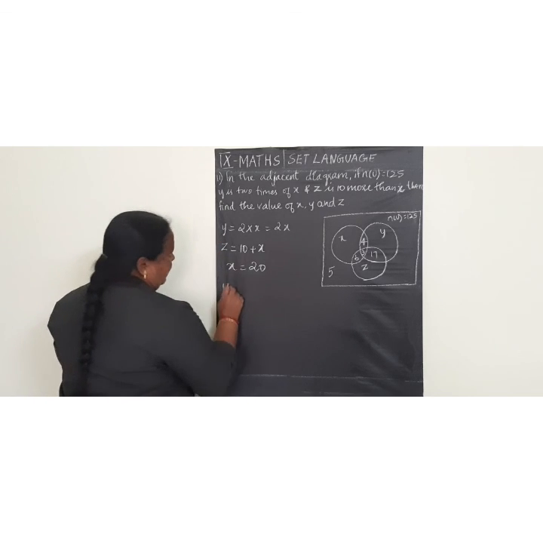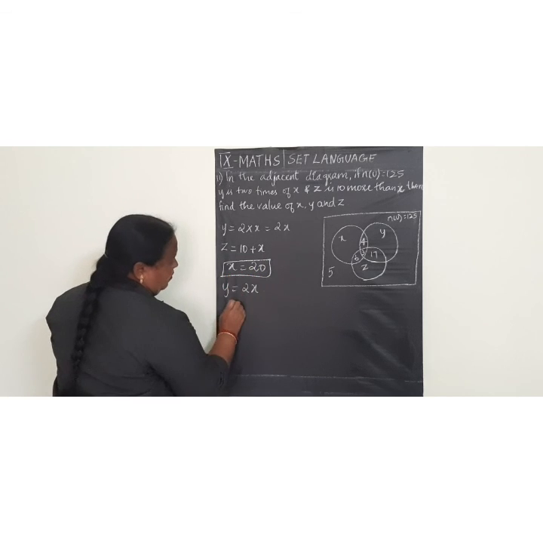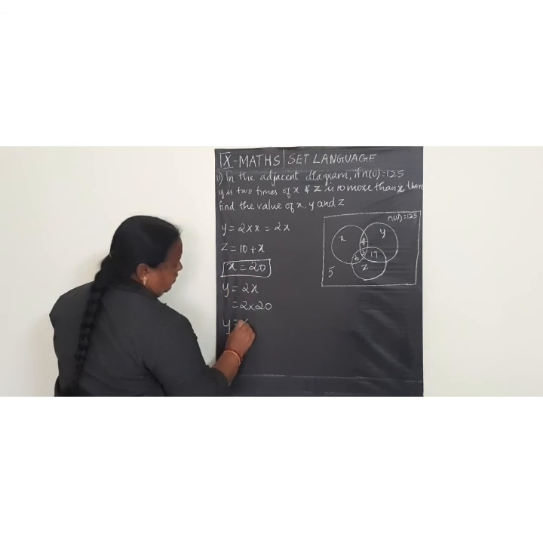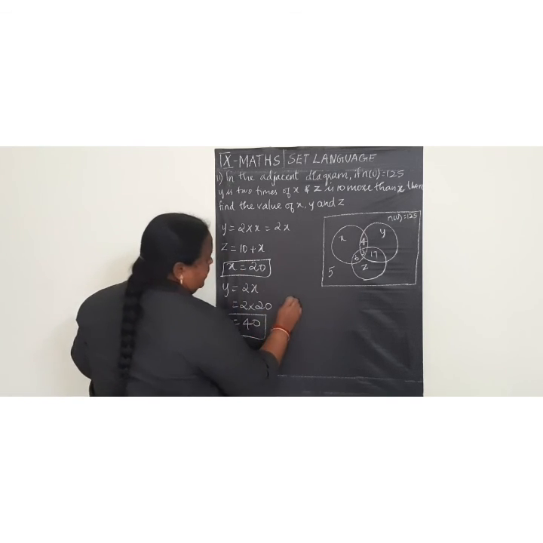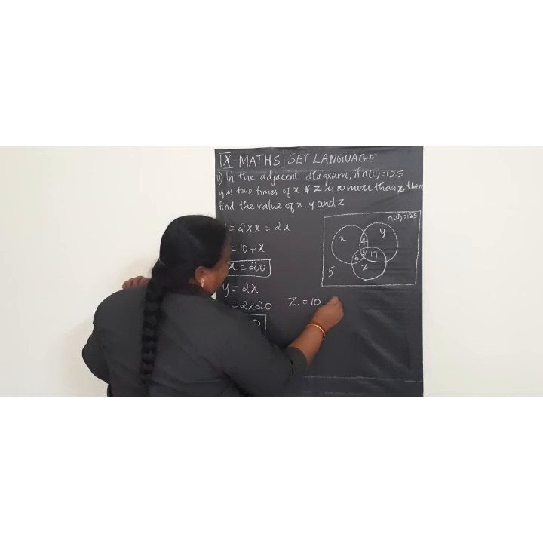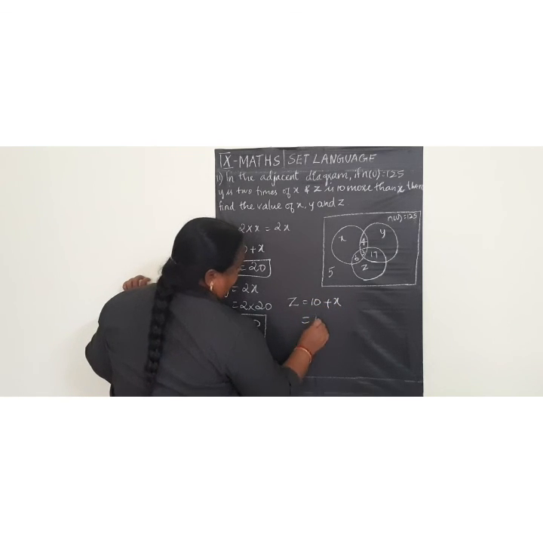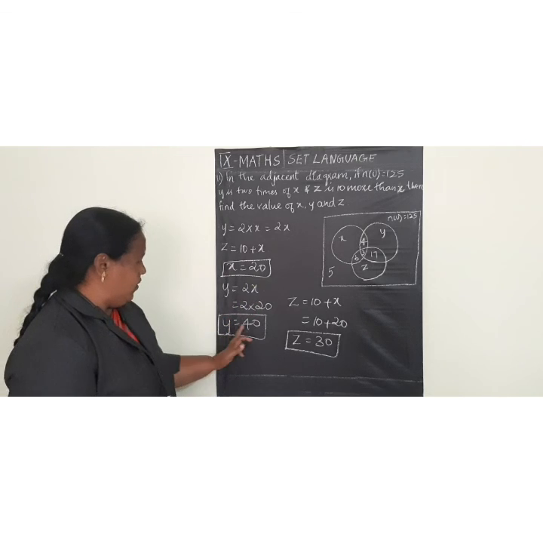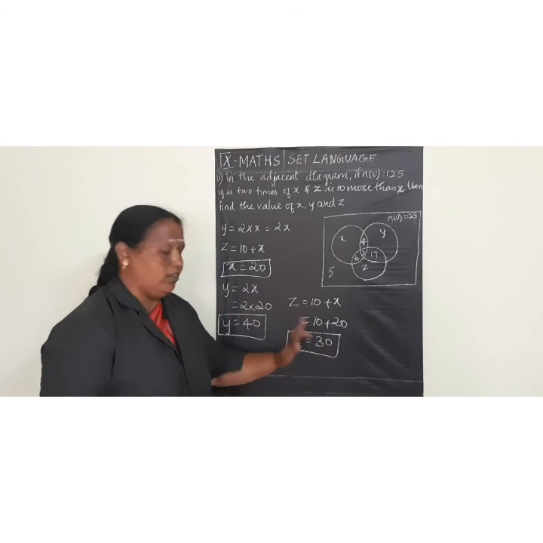What they have given is y is equal to 2x, so 2 into the value of x, 20, so y is equal to 40. Next we find the value of z. Z is equal to 10 plus x, so 10 plus 20, z is equal to 30. So the value of x is 20, y is 40, z is 30.